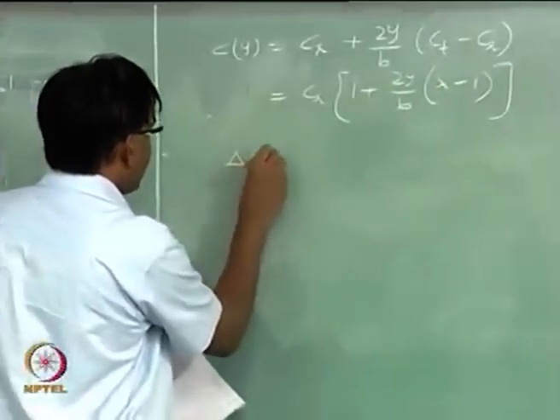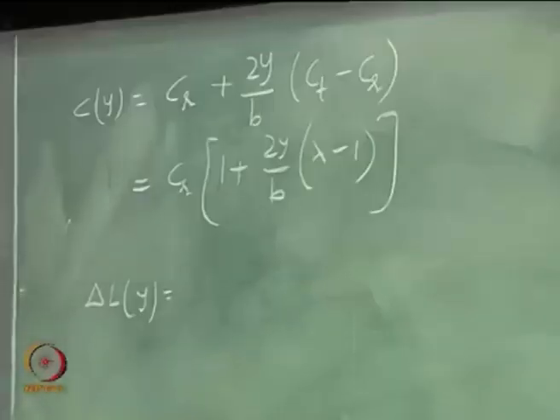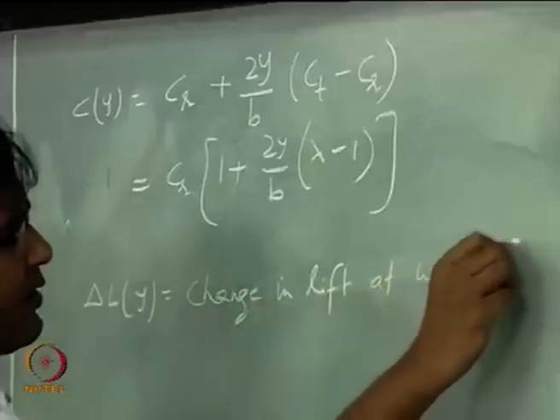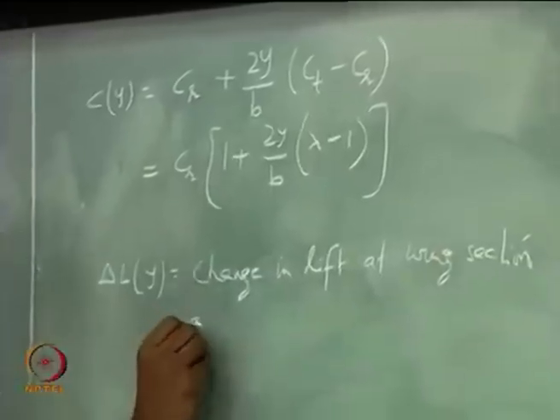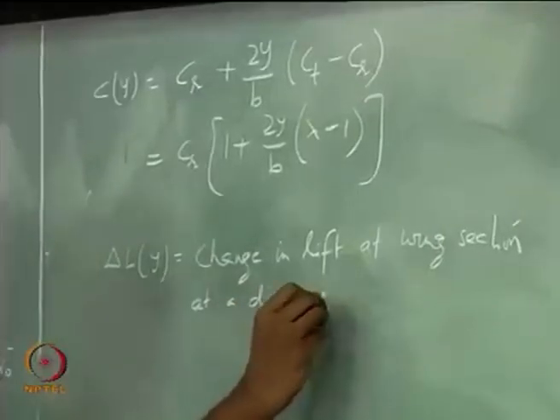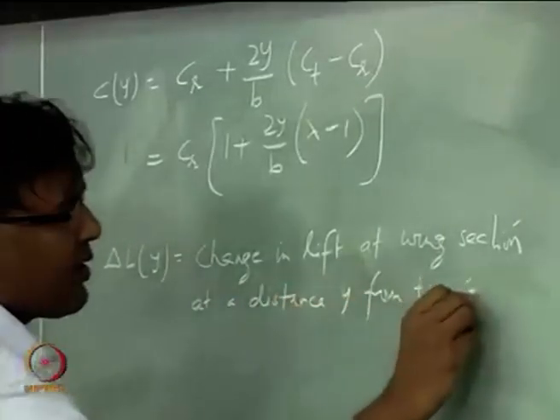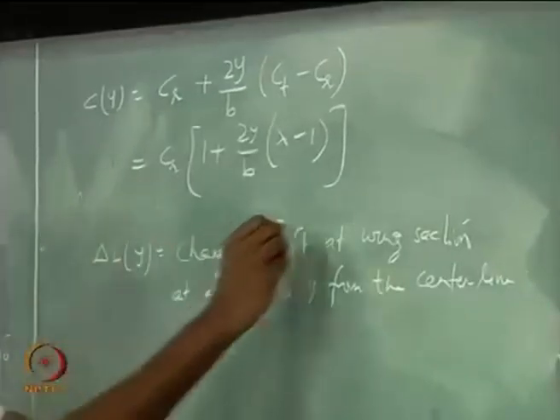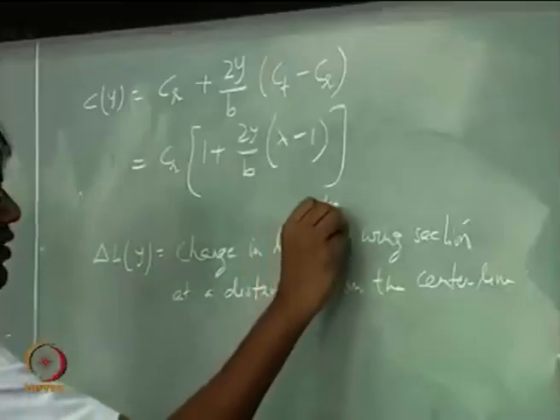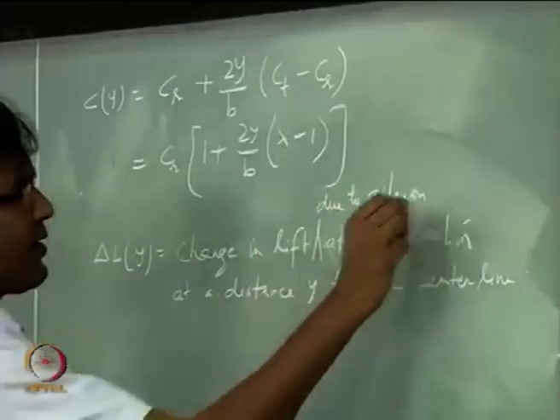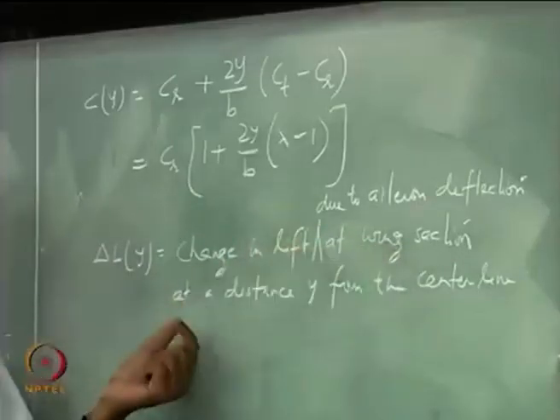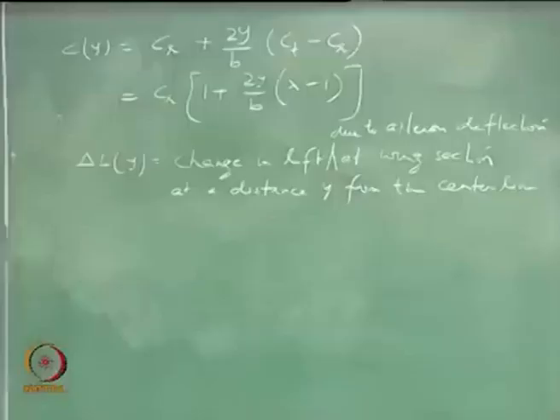So, I want to find out the change in lift due to aileron deflection at wing section at a distance y from the center line.